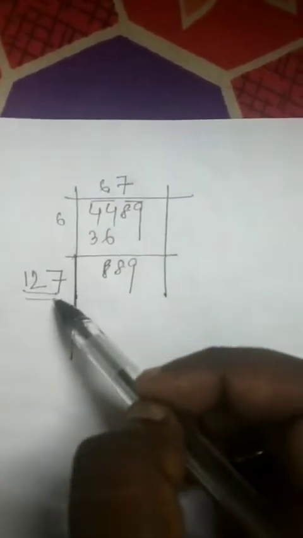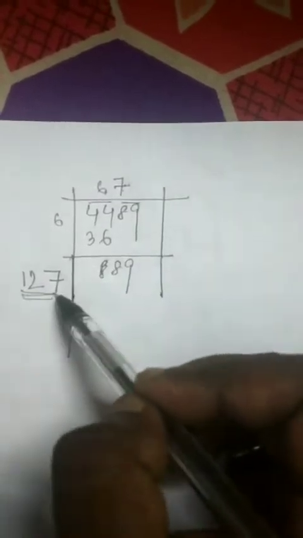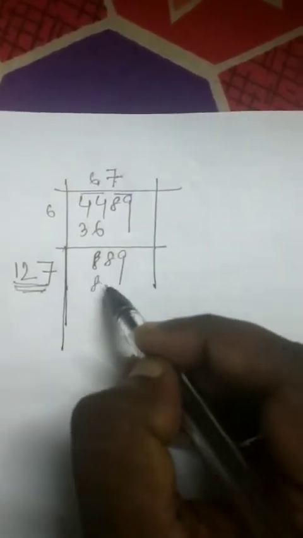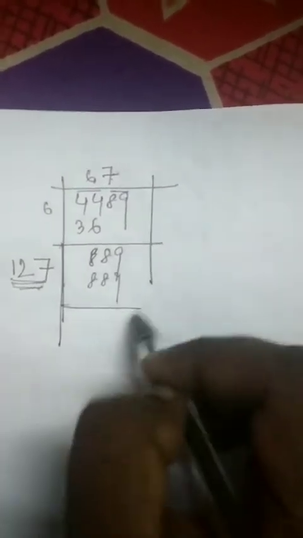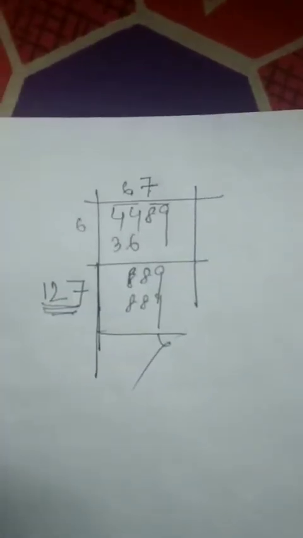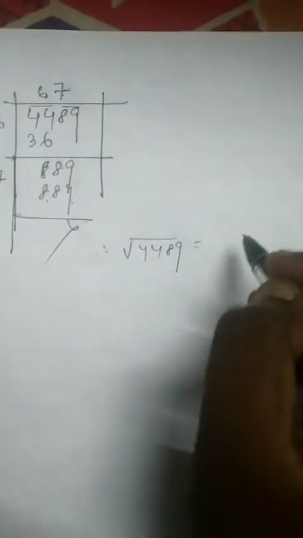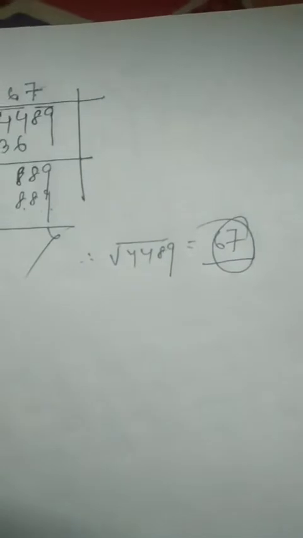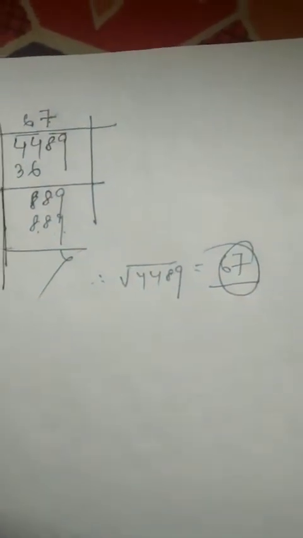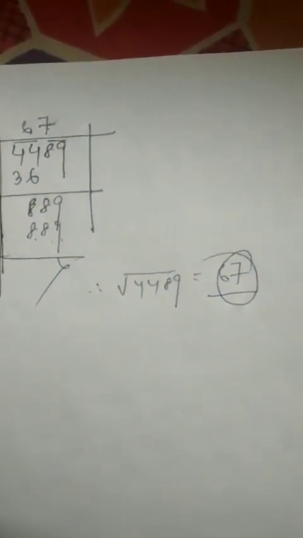Because 7 into 127 is 889. Therefore, root over 4489 is equal to 67. That is my answer.